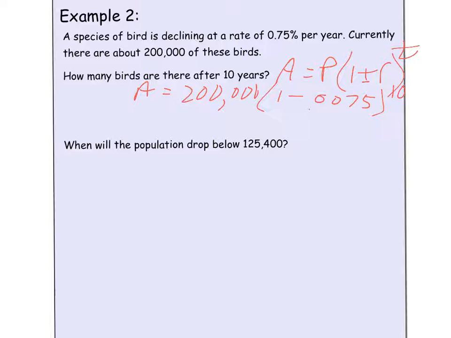So what you should be typing into your calculators now to practice this and get an answer is, in parentheses, 0.9925 to the 10th power. Type it in just like that in your calculator and hit enter, and you should get an answer.